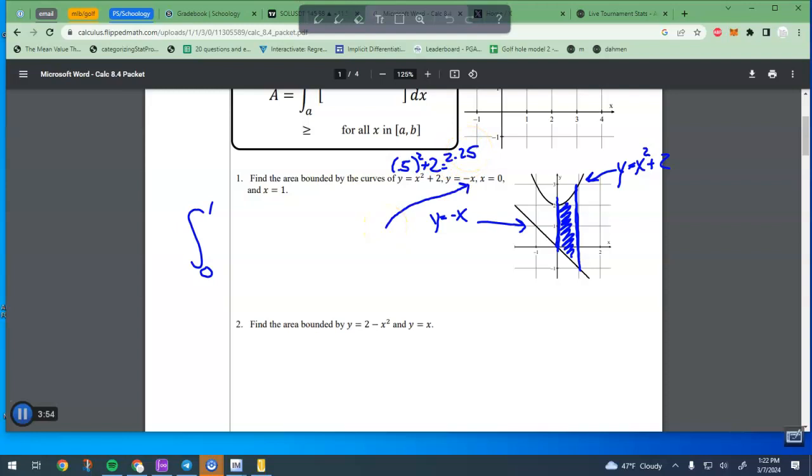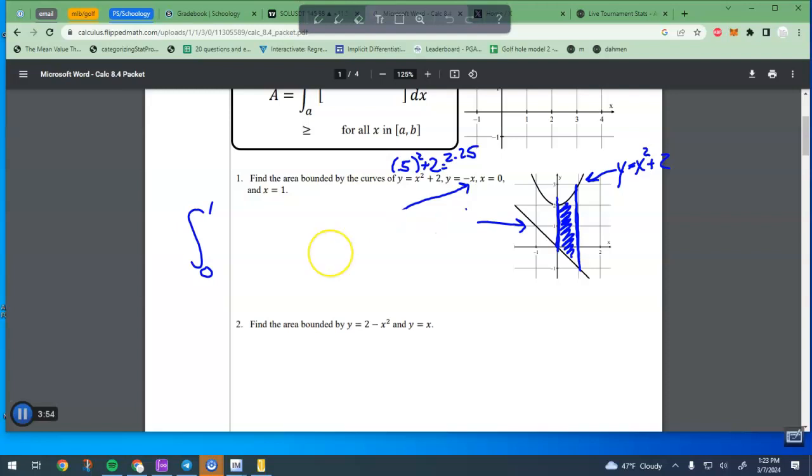If I plug 0.5 into the other, it's negative 0.5. So which one is a higher value is the 2.25, so that's the one on top. Does that make sense what I'm doing there? If you can see it, great. But if you can't, sometimes you got to plug in a number. And sometimes you'll just have your calculator and you can just type it in. You don't have to think about it. You can just look at it. But you got to be able to do all three.